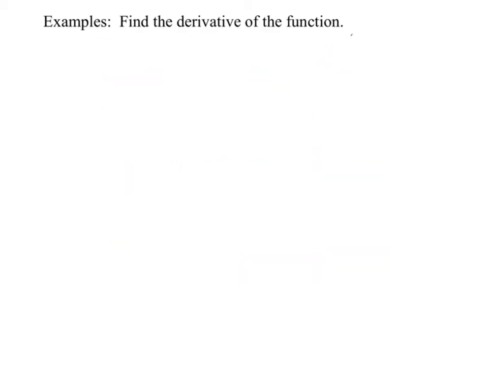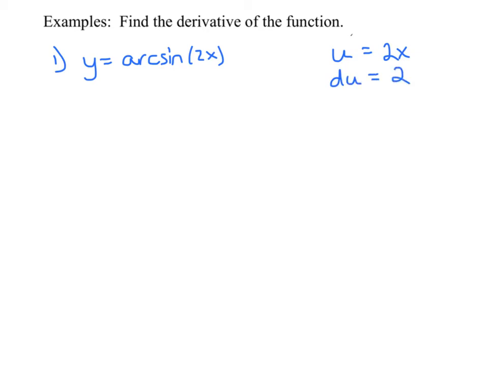We're going to go ahead and find the derivative of the given function. The first one we're going to do is y equals arc sine 2x. We always want to understand and make note of what our u is. So here our u is 2x, and then also tell me what is du. The derivative of 2x obviously is 2. Now that we know that, we're ready to plug it into our formula.